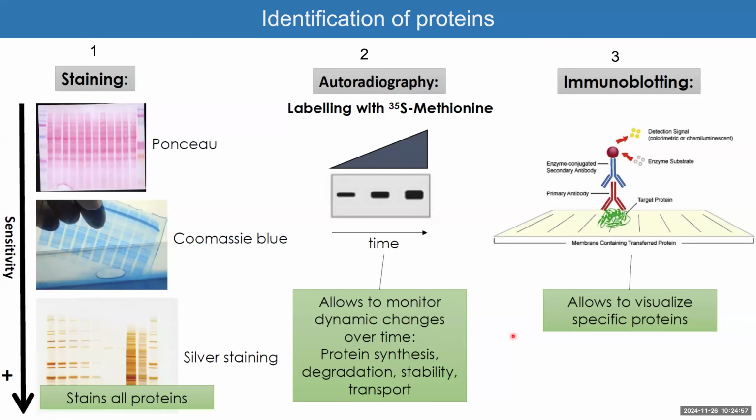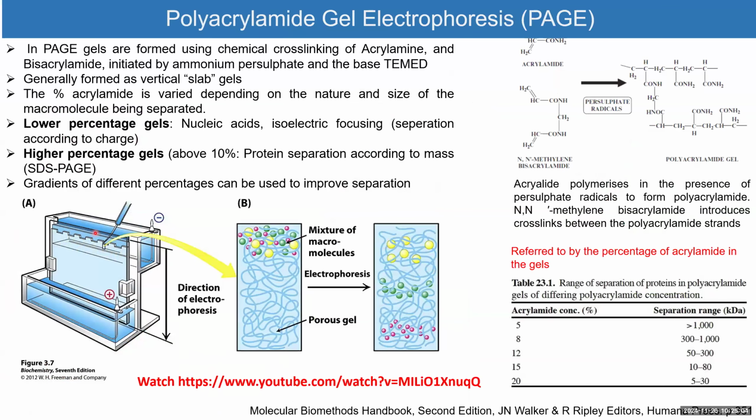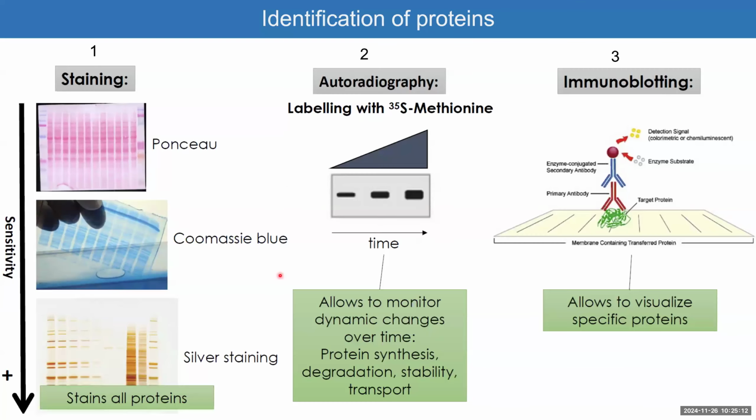And we stopped at this slide in the previous lecture, where we mentioned that if we run a PAGE, we have a gel of acrylamide and we load different samples of proteins. We can either take that gel and stain it with Coomassie blue or silver stain, and silver stain is more sensitive.